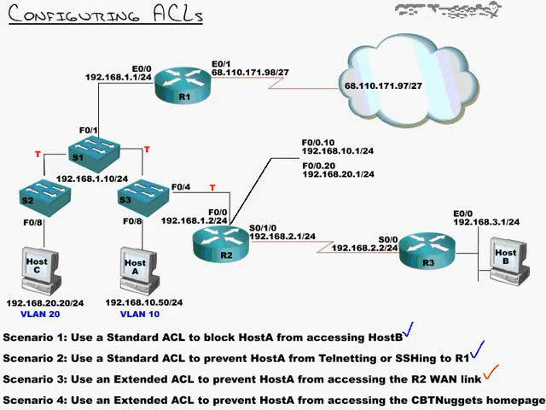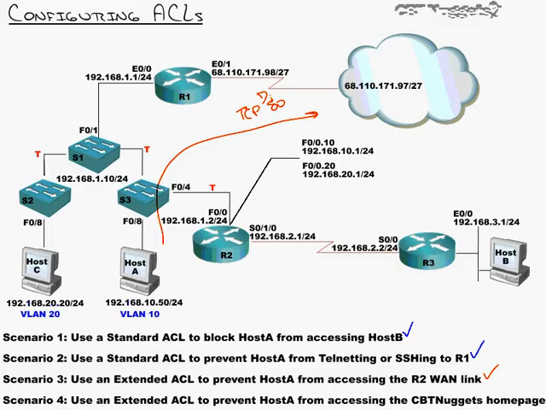So we have to prevent host A from the CBT Nuggets homepage. Immediately that triggers in my mind, we're talking homepage, we're talking web access, somebody being able to access a web server that presents a homepage. So what I'm going to say in that case is that we need to deny, if we're talking in technical terms, host A from using TCP port 80, destination port, to access the CBT Nuggets homepage.